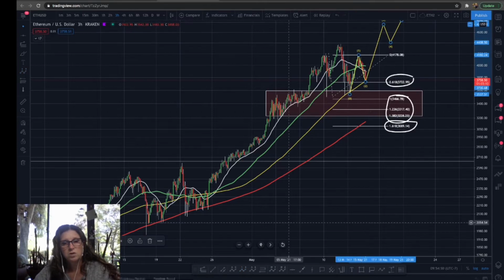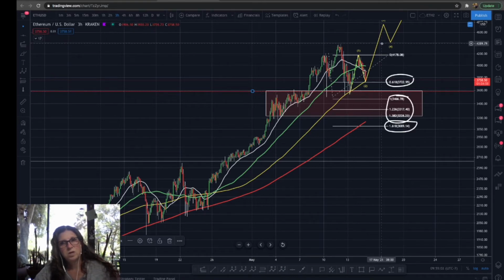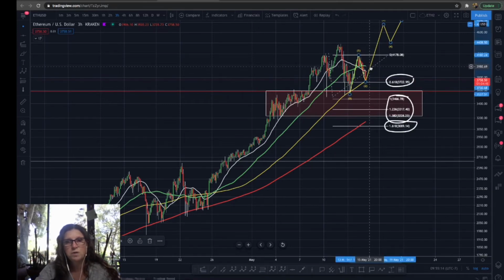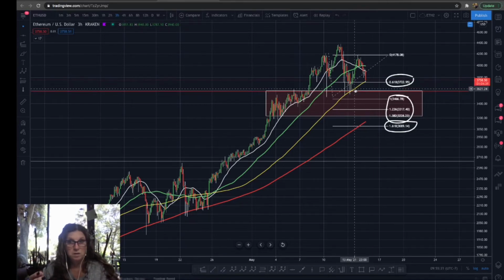But once we break this bottom right here at the box, once this 2 breaks the bottom of 1, the bull scenario is no longer valid. I'm not leaning on the bull scenario, but I try not to be too biased, because being one-sided like that always ends up biting you big time.